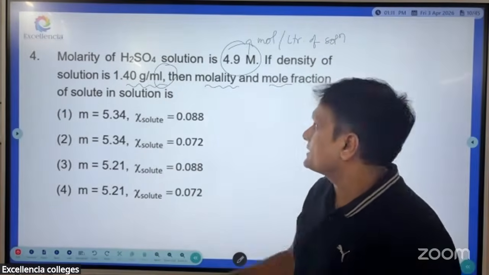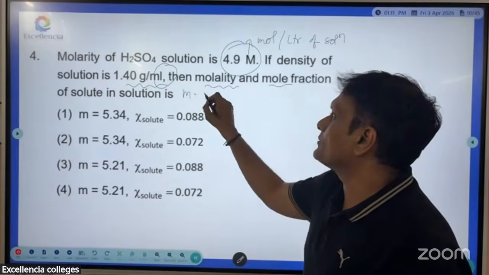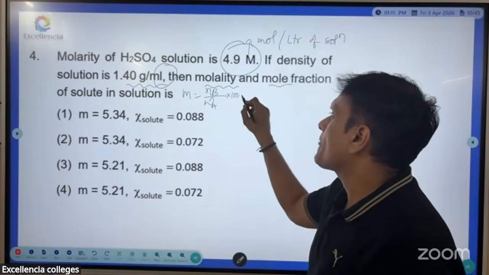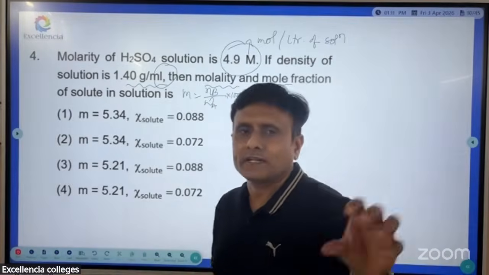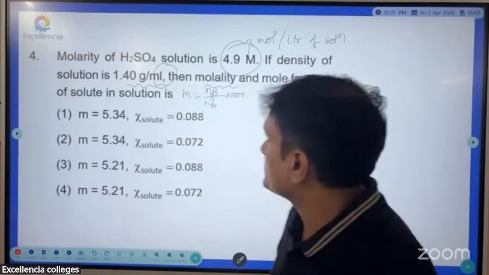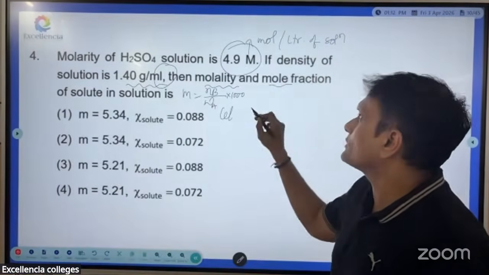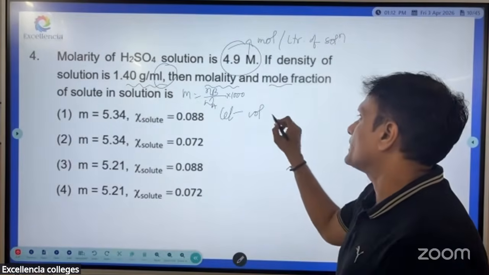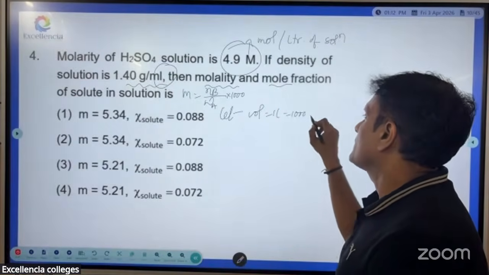First, find out the molality. You all know the formula of molality, number of moles of solute by weight of solvent in kg. We'll go there first. We'll find out molality. Then you have got a relationship between molality and mole fraction. We'll solve it. Now you see, because I have been given molarity, it is always good to assume the initial volume as 1 liter, that is 1000 ml.